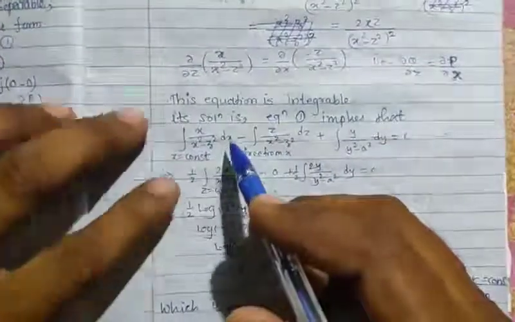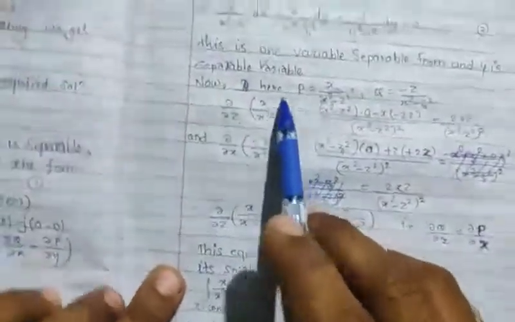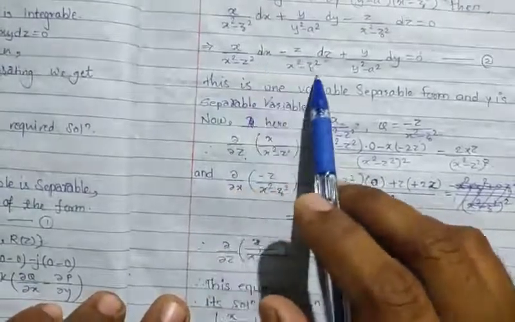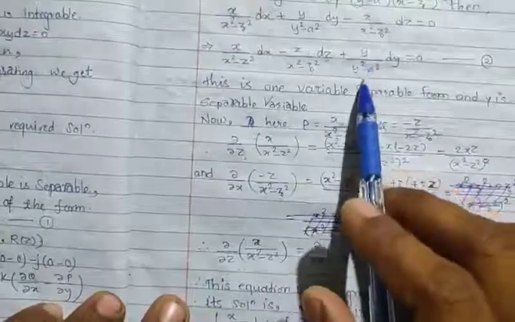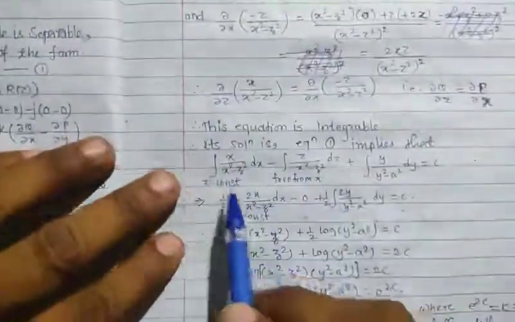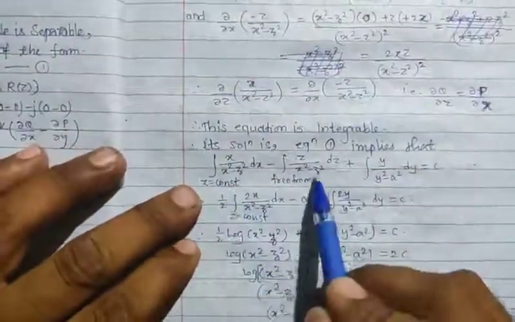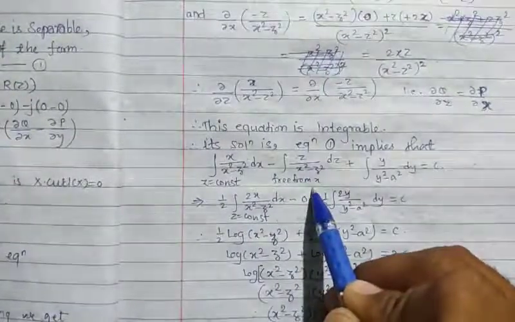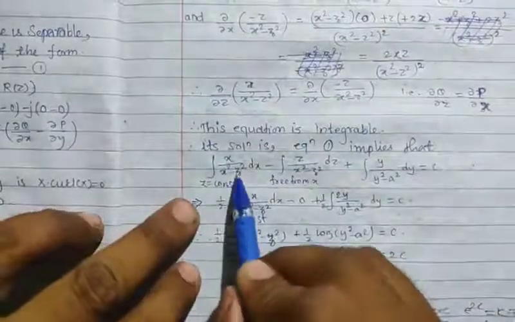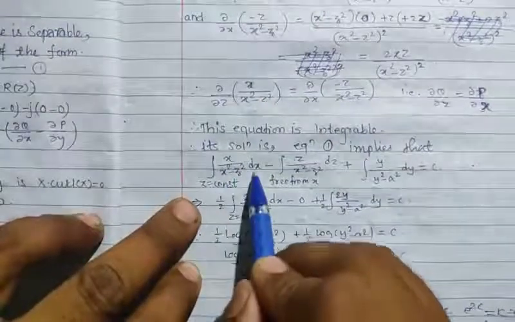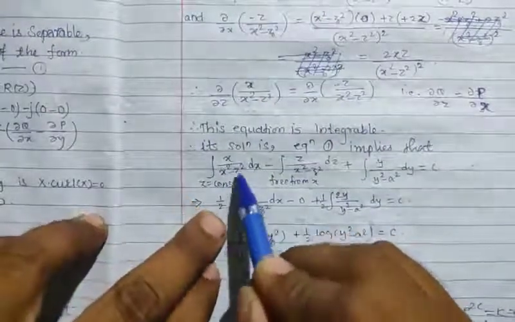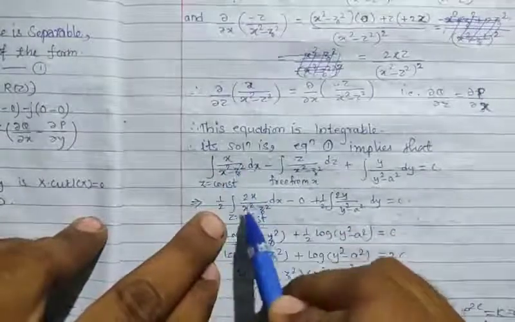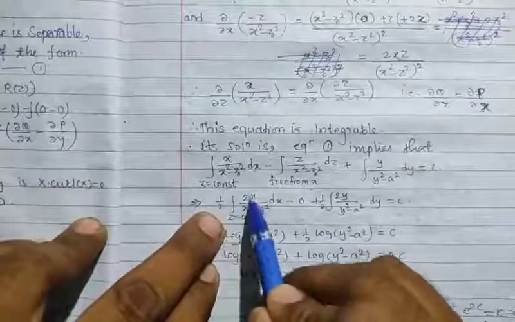The given equation is x/(x² − z²) dx − z/(x² − z²) dz + y/(y² − a²) dy. So treating z as a constant, and this term is free from x, we integrate with respect to x. The derivative of this term is 2x, so I can adjust 1/2 and 2 get cancelled.